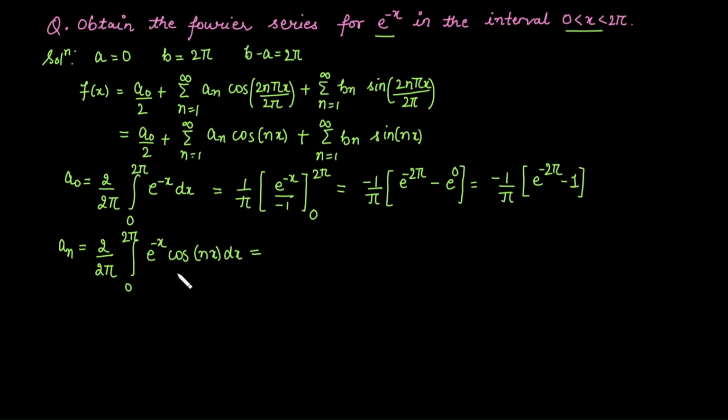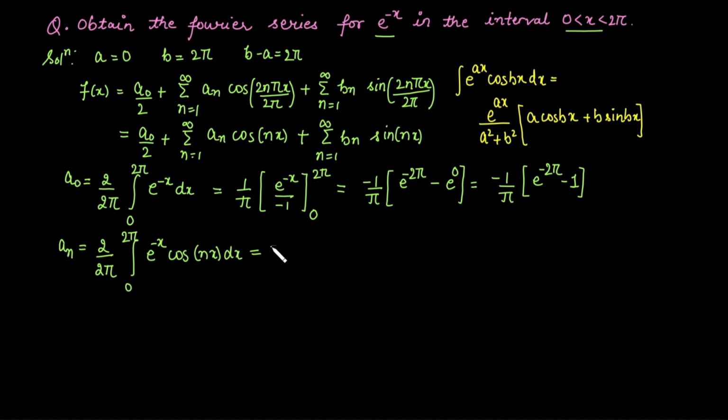We have already covered this integral formula in the first video, that is e raised to power ax cos of bx. This integration is equal to e raised to power ax divided by a square plus b square into a cos of bx plus b sine of bx. Use this formula in order to write the integration of this one.